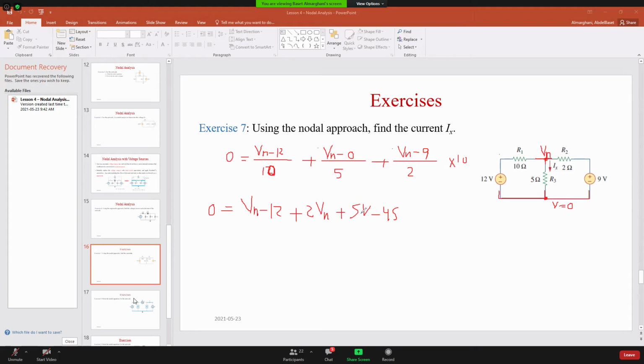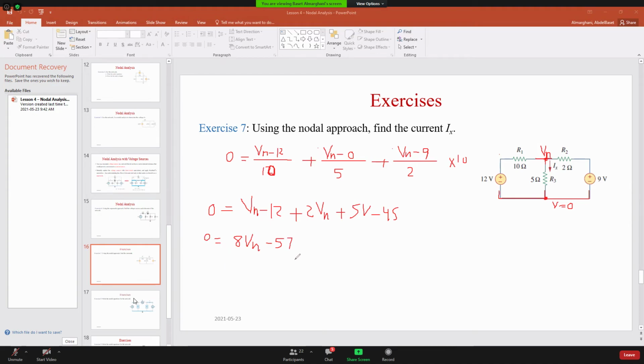Vn, 2 Vn, and that is 8 Vn. And these two together give me minus 57 equal to 0.